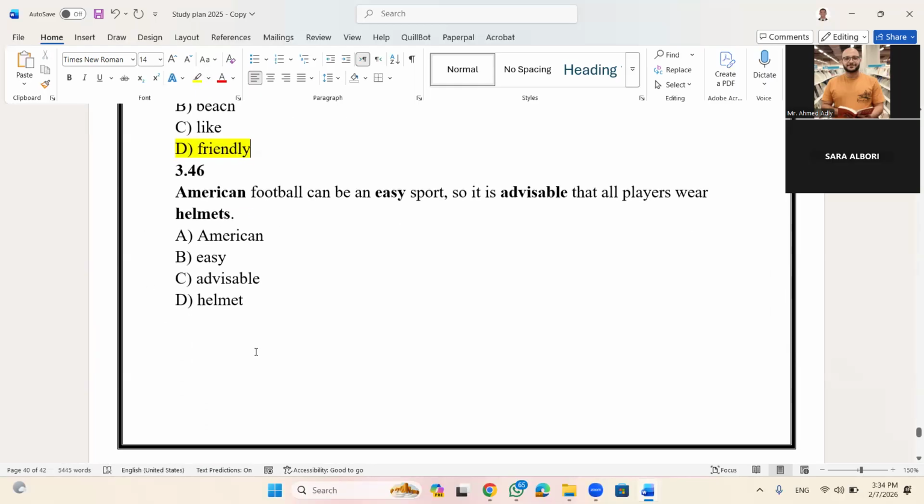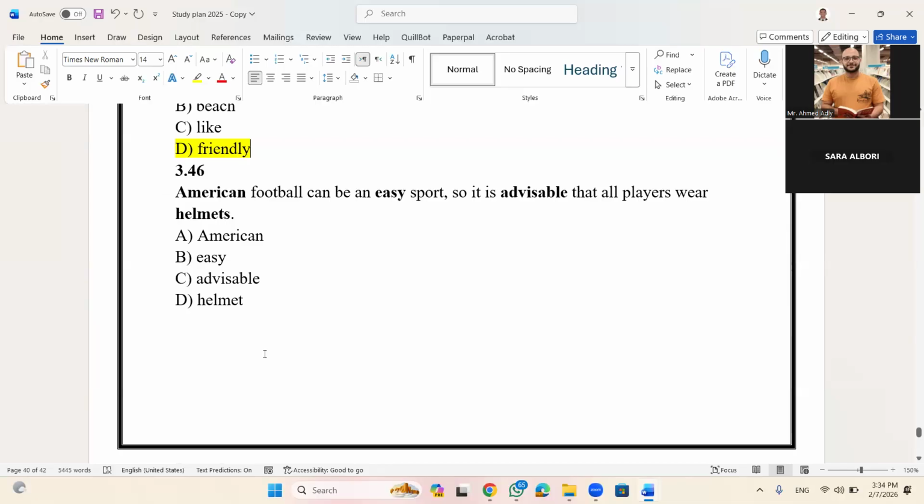46. American football can be an easy sport, so it was advisable that all players wear helmets. If you need, make your narrative, make your story. Start this way: the sentence is about American football, and American football can be easy.